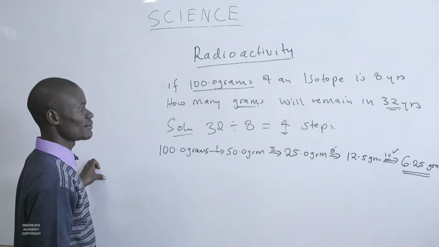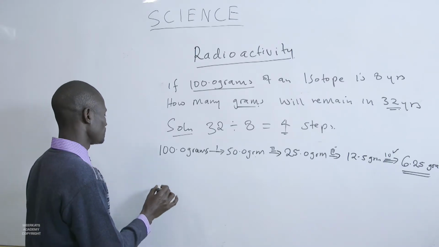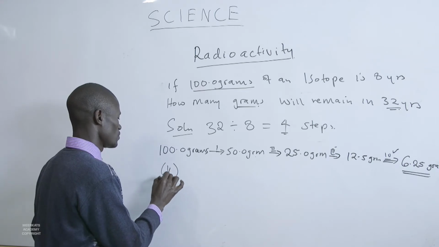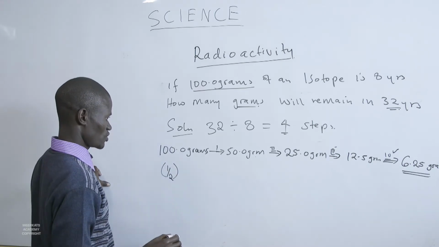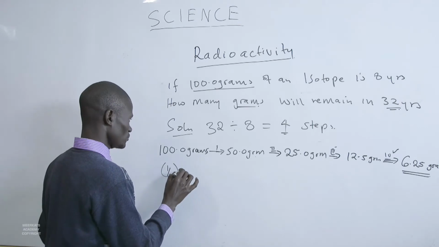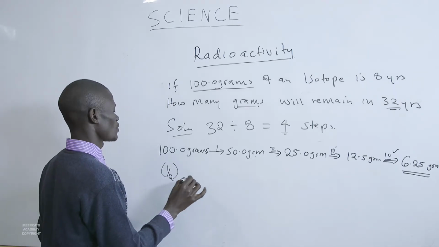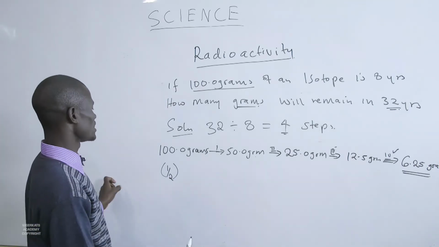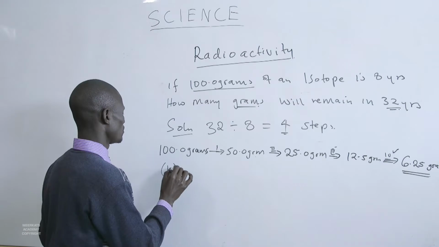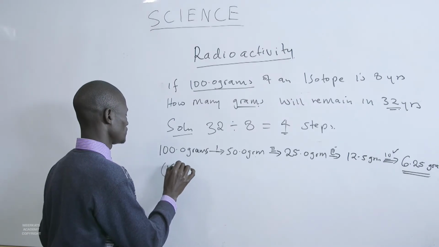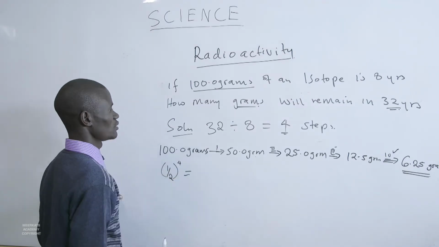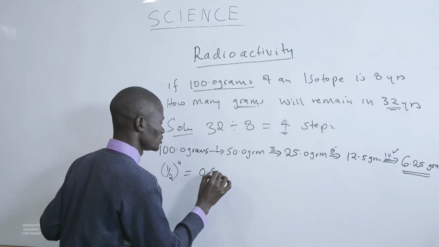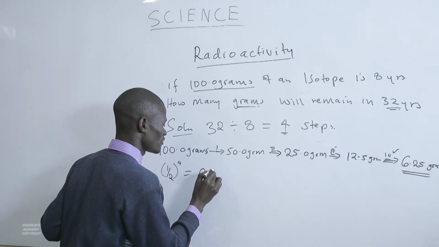Now, we can make some comparisons here as we take a half-life. Therefore, when we take the comparison of 4 here, the 4 steps will give us 0.0625.